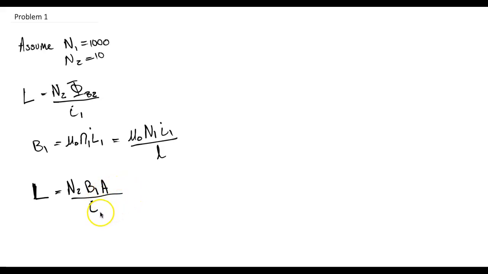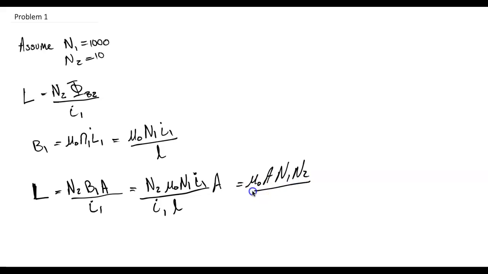And so we can say that this is N2 mu0 N1 I1 over I1 times little l, all times A, which is the same as mu0 A N1 N2, excuse me, over little l, because the I's will cancel out.